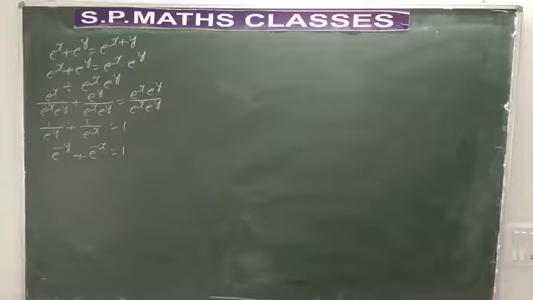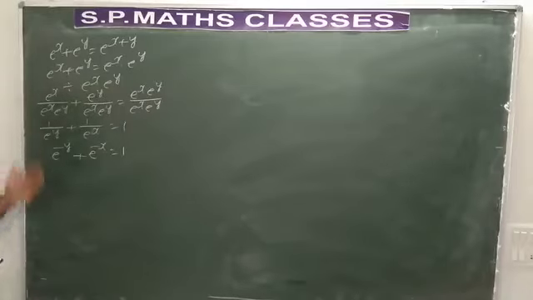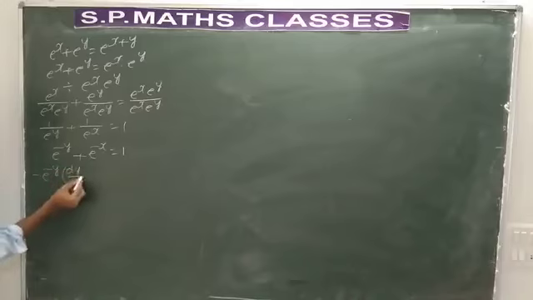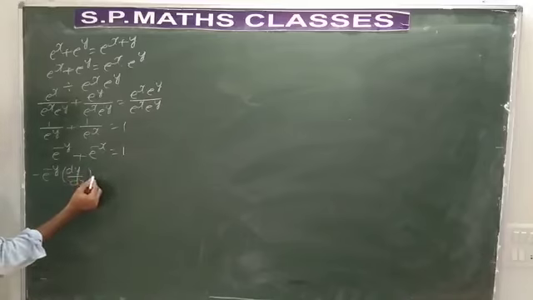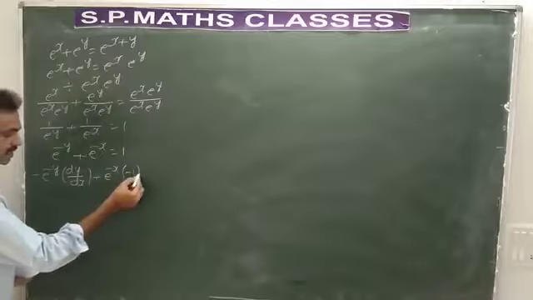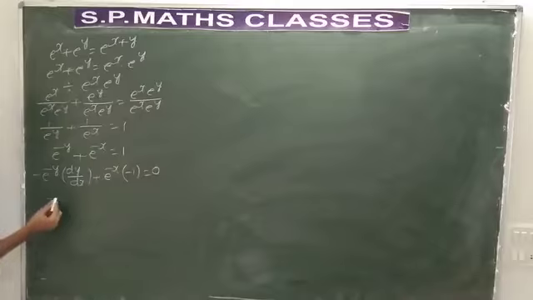So now you differentiate. Instead of differentiating in the first step, it is better you differentiate now. What happens when you differentiate? Derivative of e power minus y is e power minus y into minus 1 into dy by dx. Derivative of e power minus x is e power minus x into minus 1. The derivative of 1 is equal to 0.